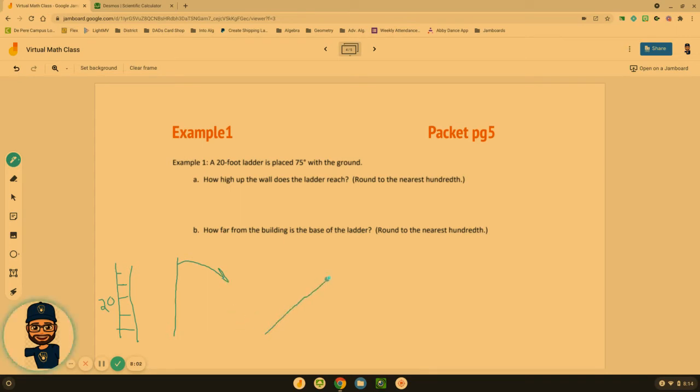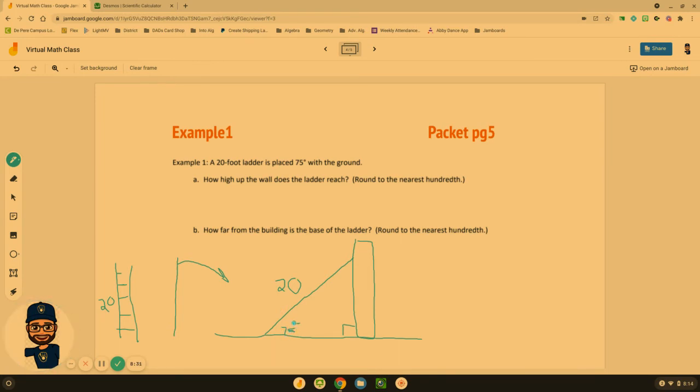Here's the wall. Here's the ground. The wall and the ground create a right angle. We know the ladder that we decided to lean is 20 feet and that it's at 75 degrees at the ground.